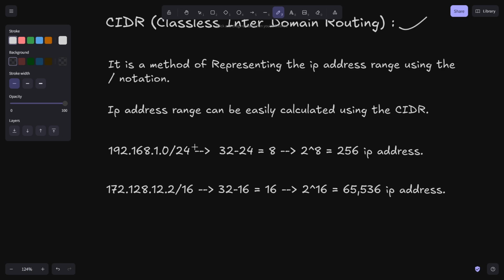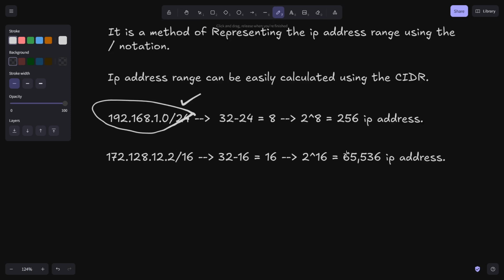If an IP address is given like this, then we have to identify how many usable IP addresses are available within it. If you see here, there is an IP address with a /16 notation.